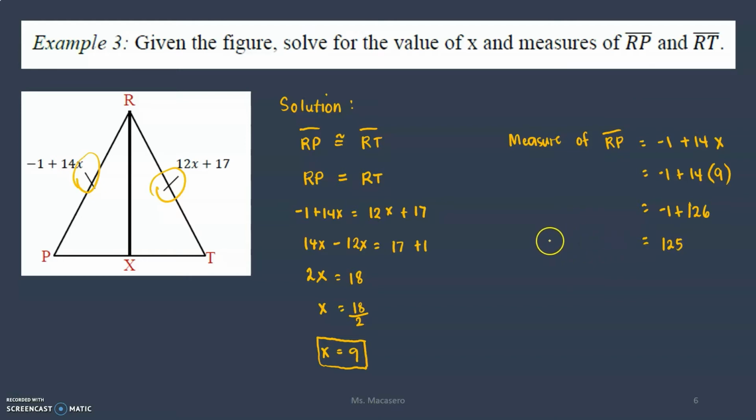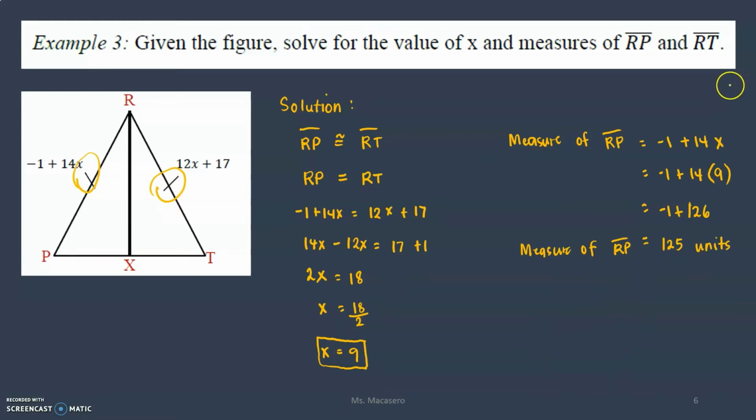So the measure of segment RP is equal to 125 units.